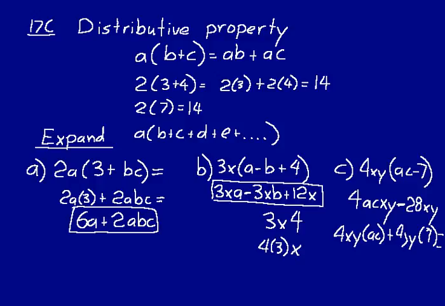You really don't have to, but normally, when you have a bunch of variables or letters, you don't keep the parentheses there. And so you can rearrange it 4ACXY. And then 4 times a negative 7, that's negative 28. And so we'd have plus a negative 28, or just erase the plus sign and put minus 28xy.